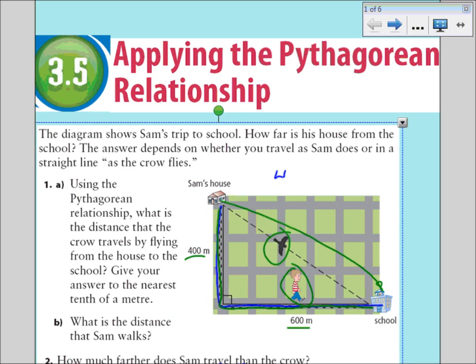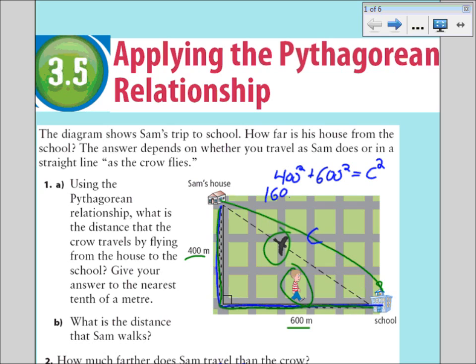We know that 400 squared plus 600 squared equals c squared, and this is c. 400 squared is 160,000 plus 600 squared is 360,000 equals 520,000. So to get this c out of there, we have to square root.